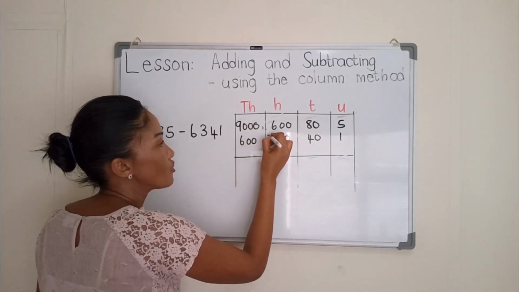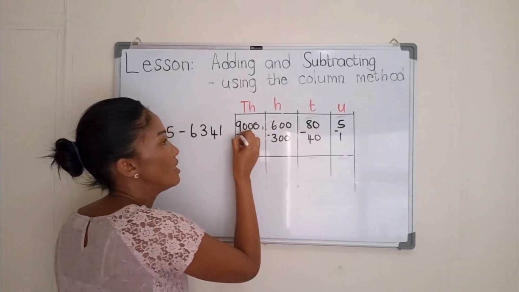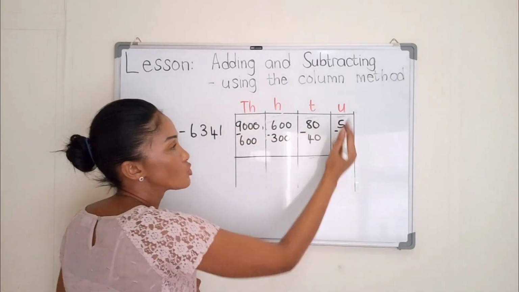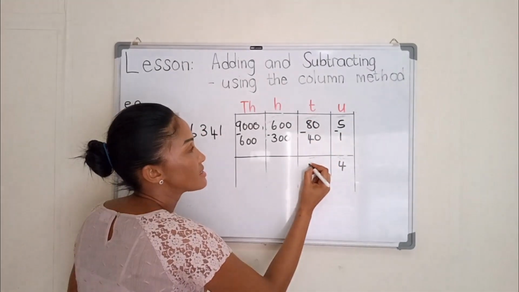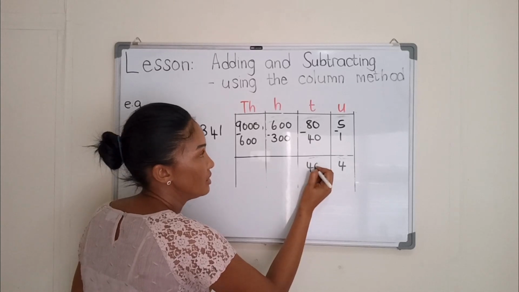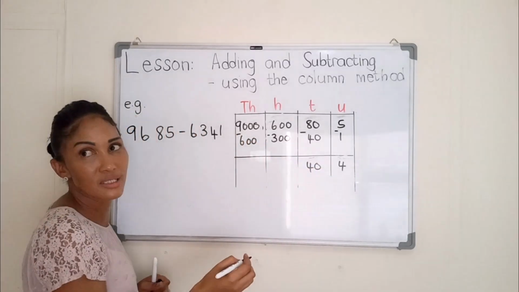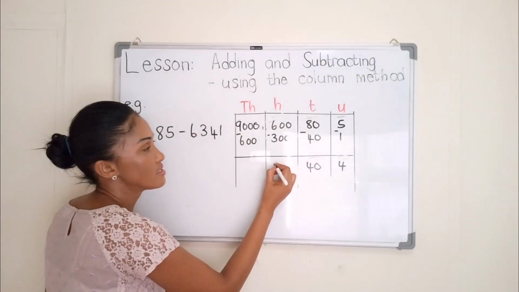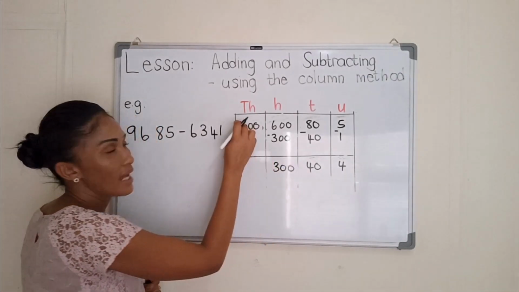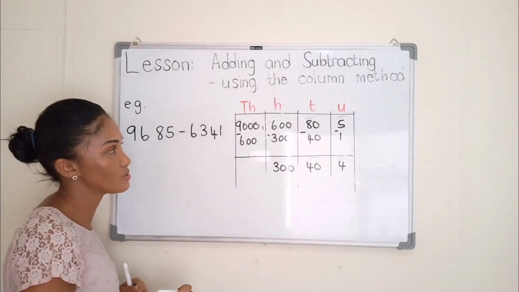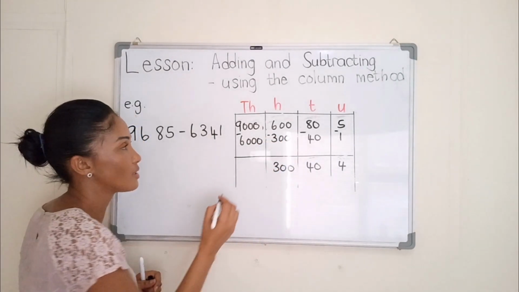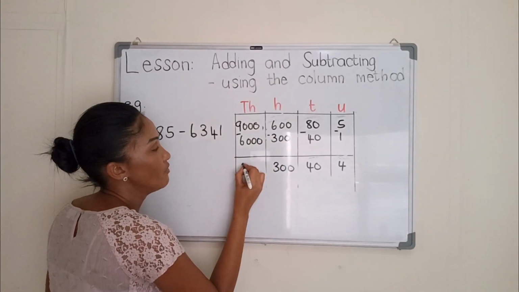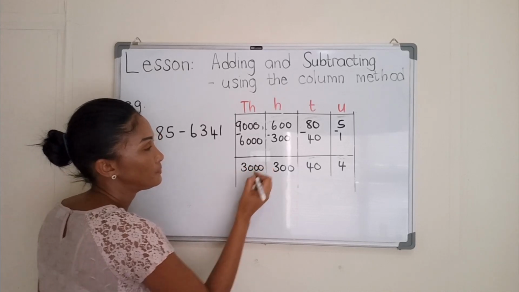Don't forget, we need to write minus because we are taking away. So 5 minus 1 is a total of 4. 80 minus 40 is a total of 40. 600 minus 300 is 300. 9,000 minus 6,000 is a total of 3,000.